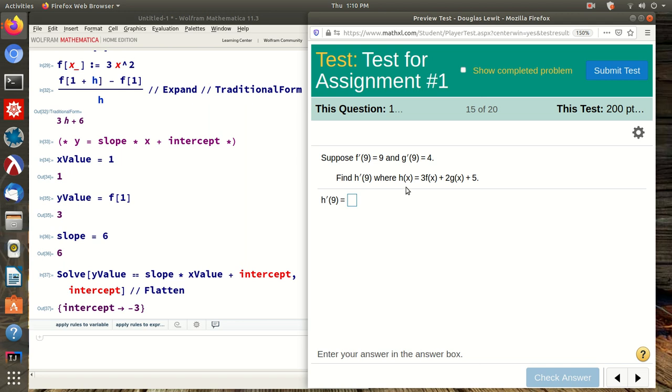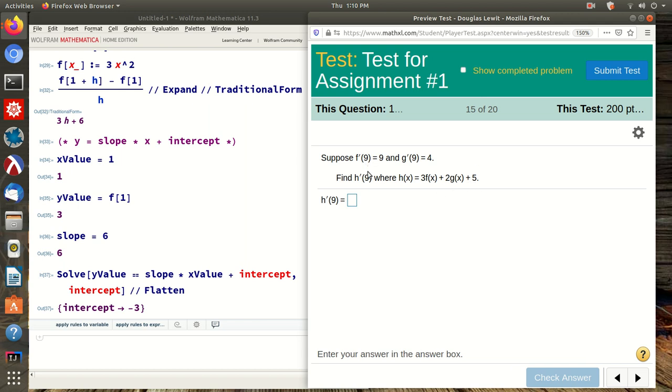Okay? So h prime of x will be equal to 3 times f prime of x plus 2 times g prime of x. When you add a number to the function and you're looking for the derivative, this number disappears because the derivative is going to be 0.